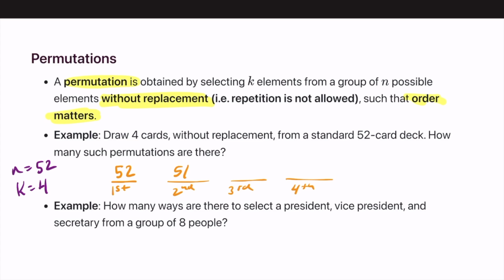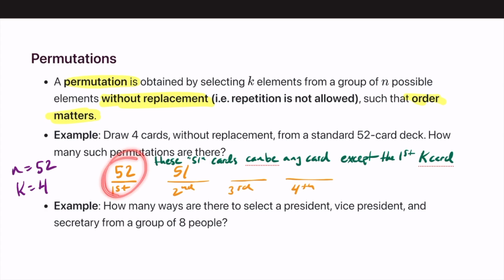Well, because these 51 cards can be any card except the first k card, which is the card over here that was selected.